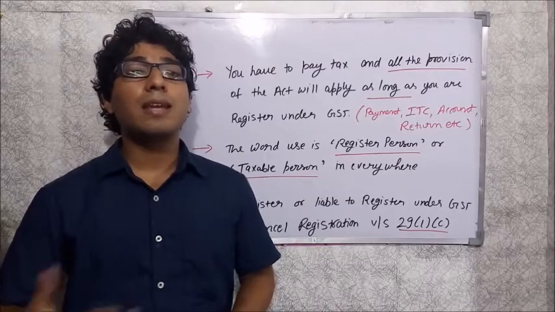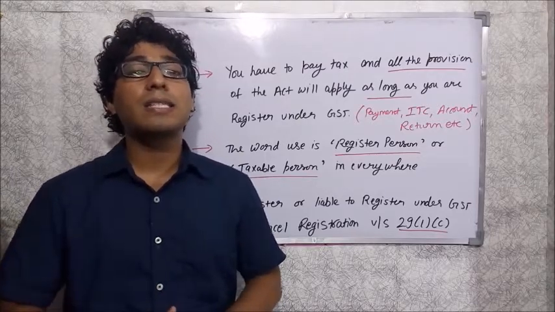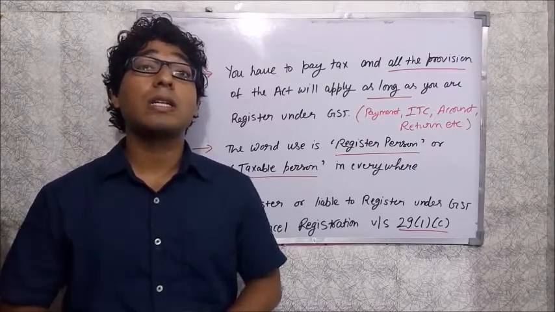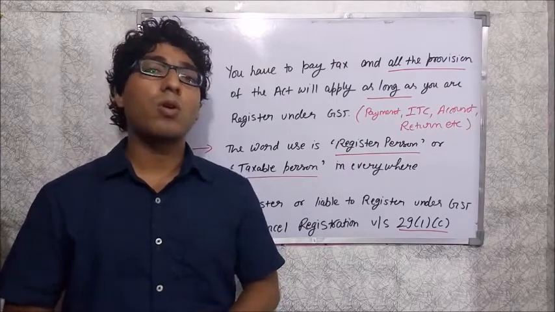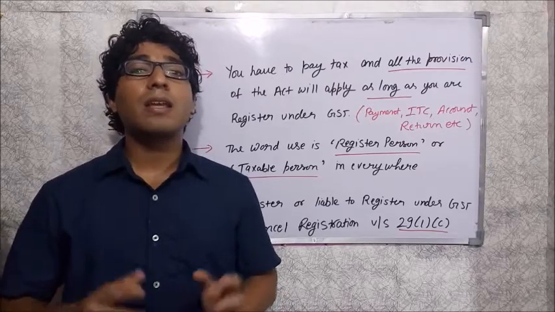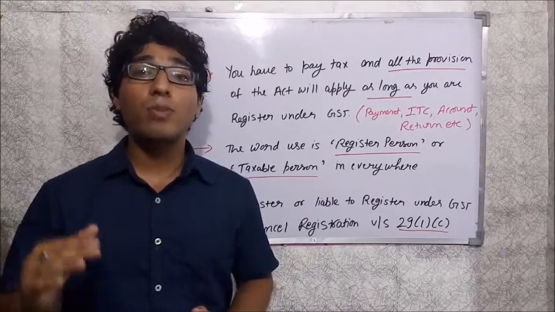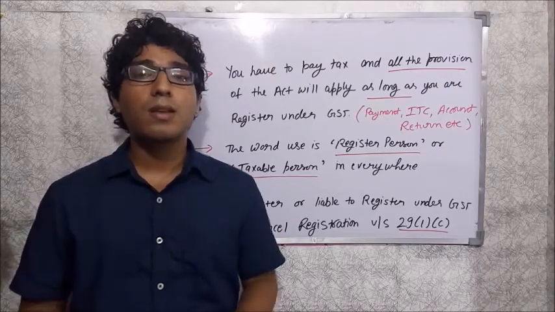But in the next year, or two or three years after the registration, his sales decrease below the 20 lakh rupees threshold limit. Suppose his business is losing or diminishing. Does he need to pay tax under GST even if his aggregate turnover is below 20 lakh rupees in the subsequent year? So the answer is yes.